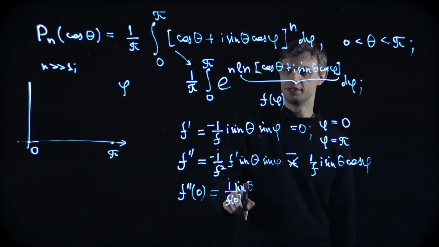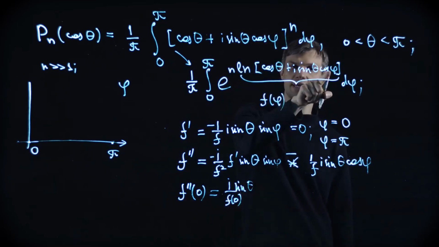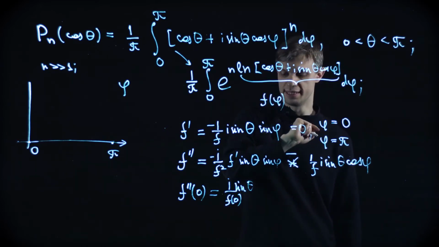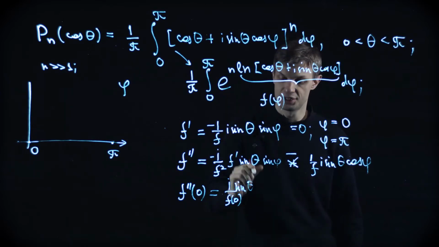What about f of 0? Okay, f of 0, we plug in 0 here, so it's cosine theta plus I sine theta. So it's a simple exponential, right?